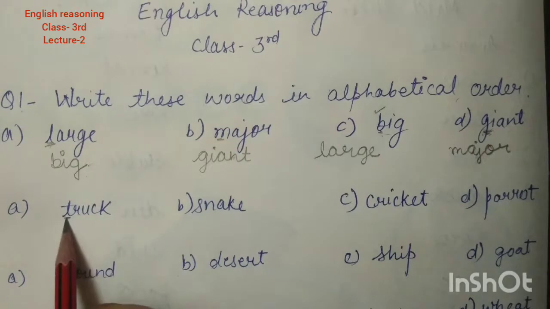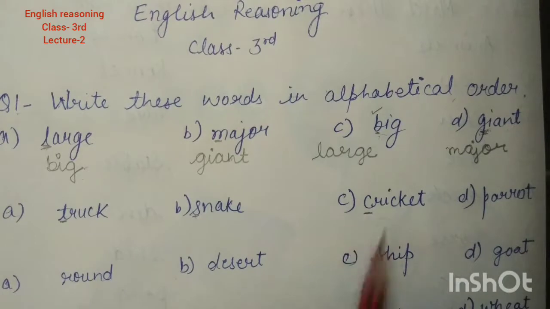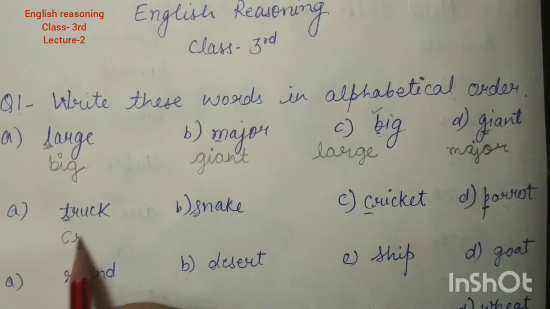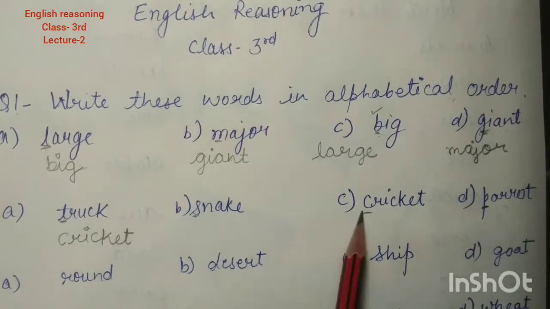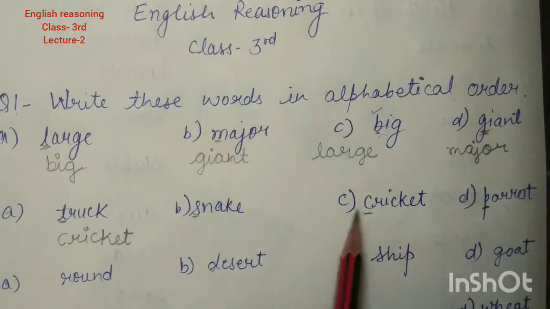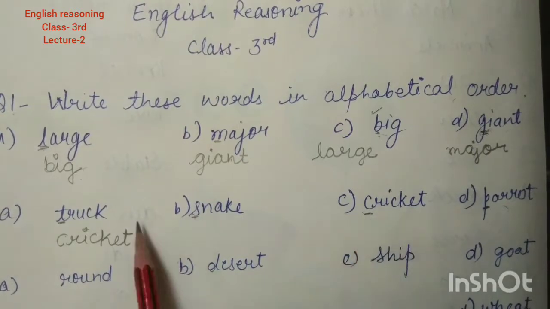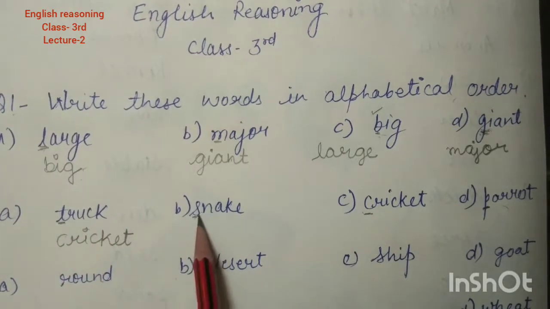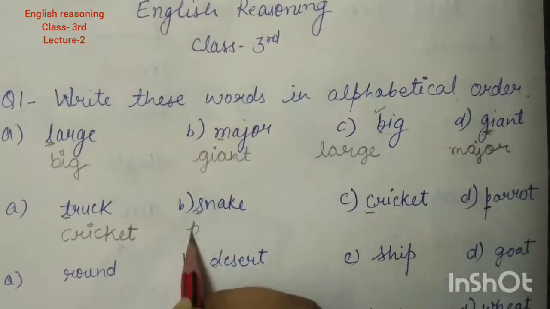Same as before, we have to see the first letter. T, S, C and P. So we all know that C comes first in alphabets. So cricket. And then C, after C, D, E, F, G, H, I, J, K, L, M, N, O, P. P for parrot.